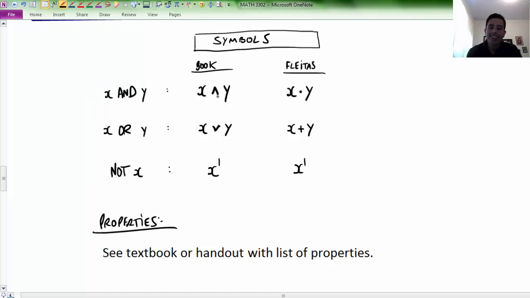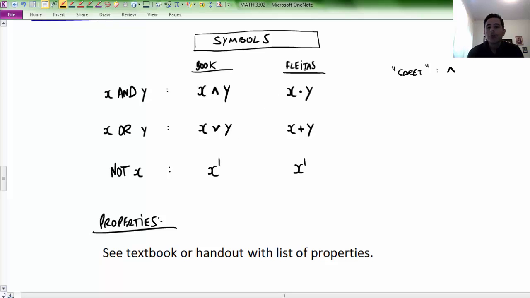This is called a caret. That's this symbol here. It represents the gate AND, and the OR is the caret upside down, and the NOT is represented by the apostrophe.